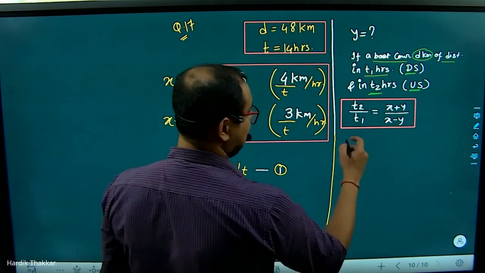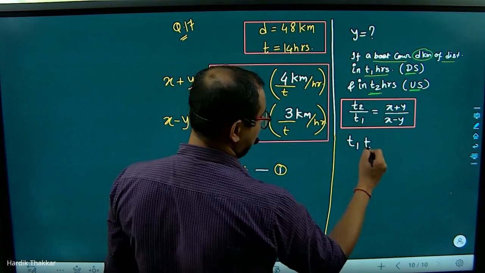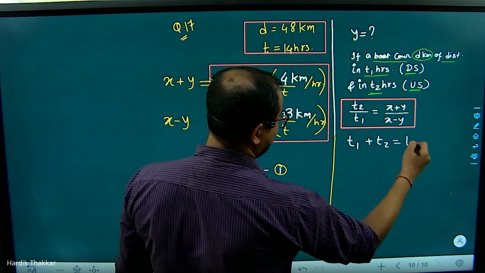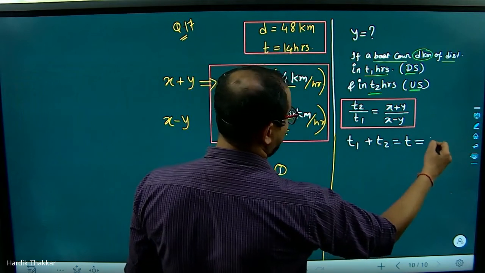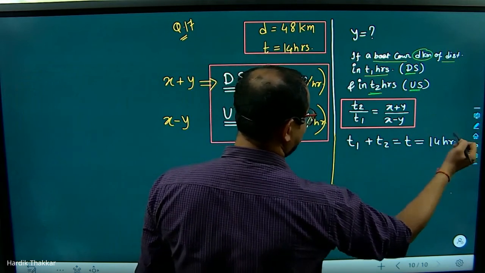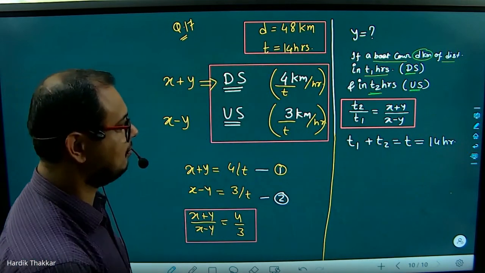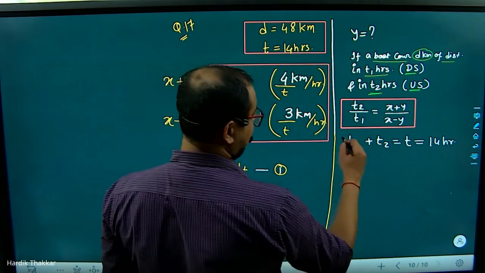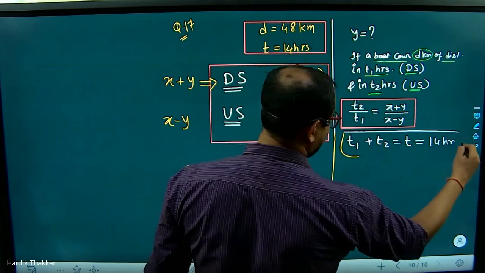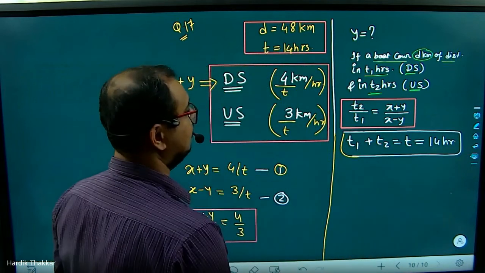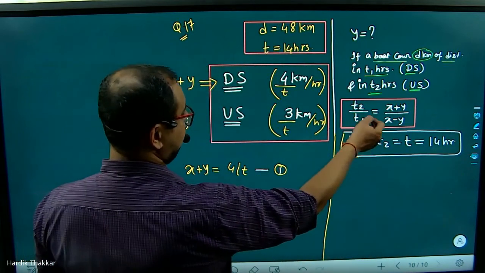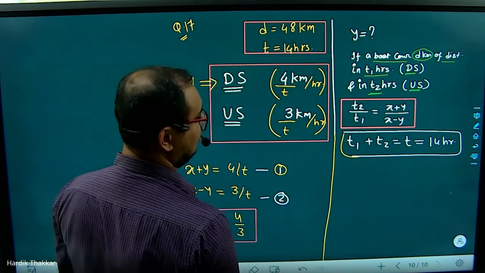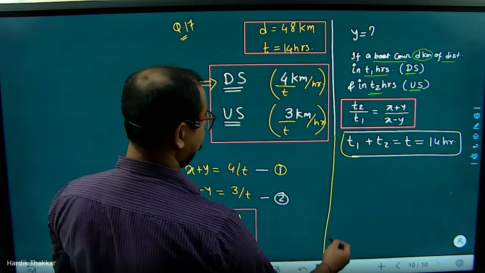Now this t1 plus t2 will give you the total travel time, that is t, or we can write it as 14 hours. Correct? Now from here we got t1 plus t2 is equals to 14 hours.